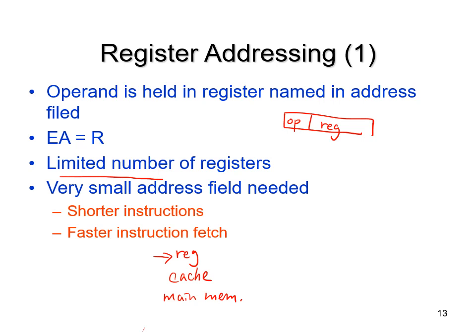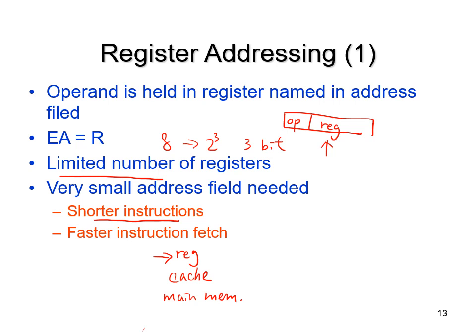Now, by using register addressing, you should have shorter instructions, because the register address should be smaller. For example, if your computer contains, say, 8 registers, that means you need only 3 bits to specify the register address.